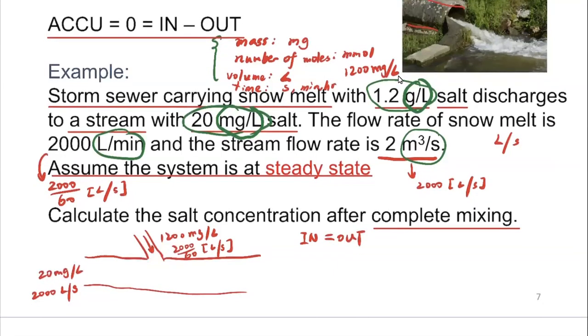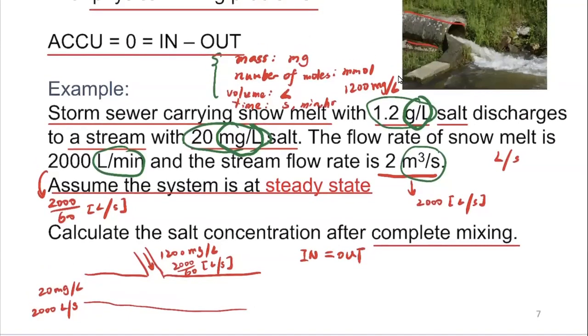All right, so for the mass balance of this problem, there are actually two mass balance problems. One is the mass balance of water. The second one is the mass balance of salt.